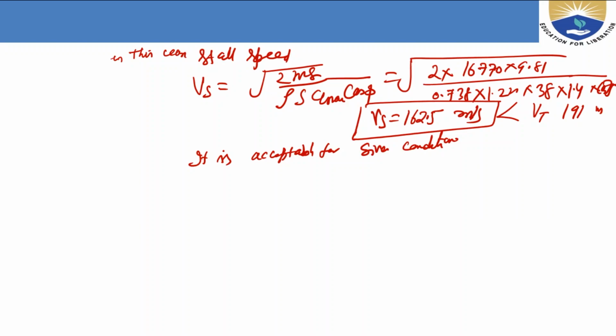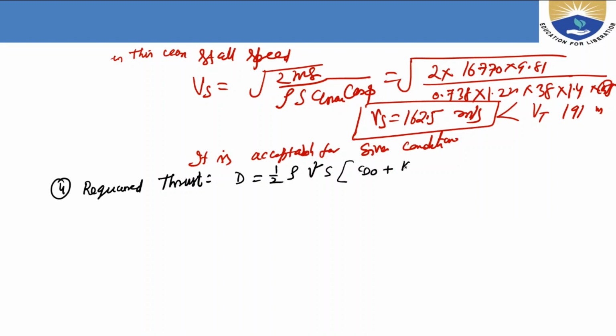Now we have to find out the required thrust, and we know that it is equal to the drag. Drag is equal to half rho V squared S CD naught plus K times 2 n W by rho V squared S whole squared.